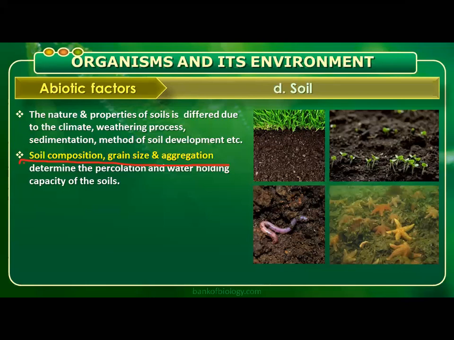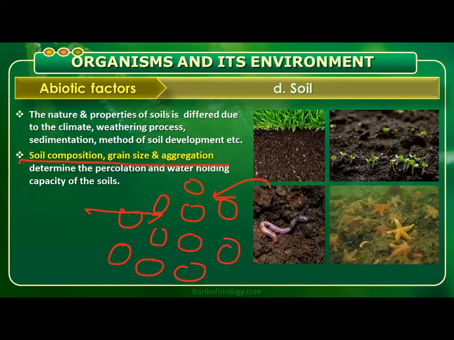Imagine the grain size is like this. Can it hold water? I'm talking about the sand in the desert. Can it hold water? No, it can't. That definitely affects the capacity of the soil.